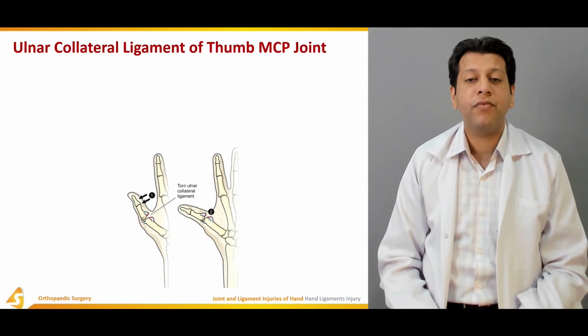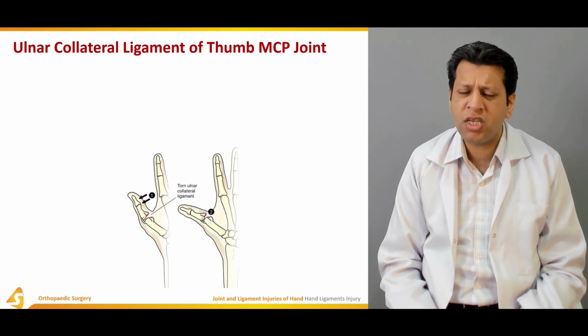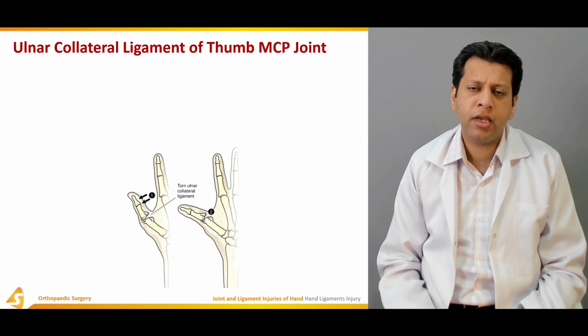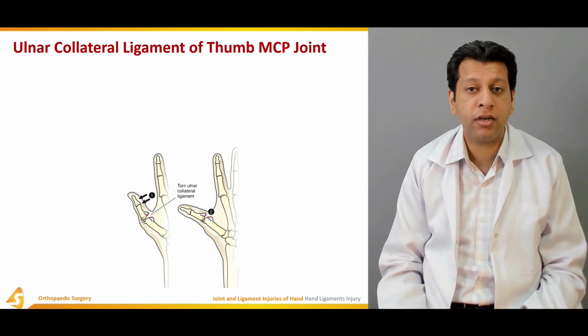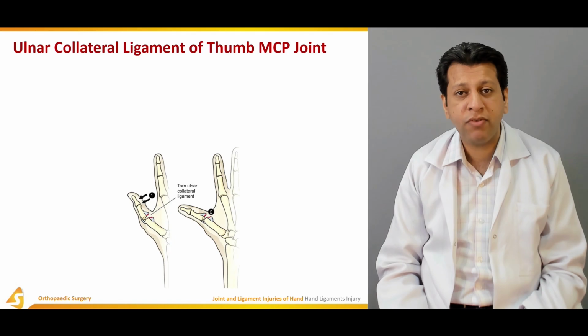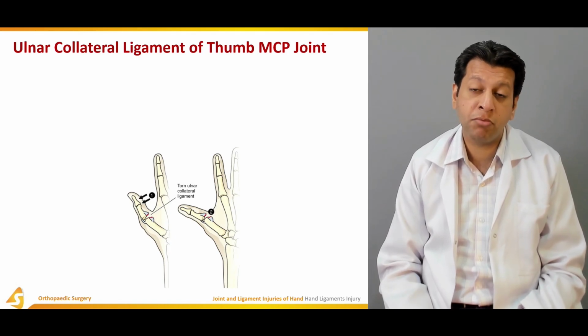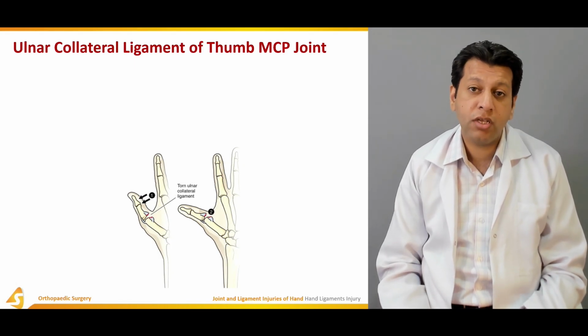Now coming to a very important topic called gamekeeper's thumb. Why is it called gamekeeper's thumb? Have you ever wondered? This term was coined by Campbell in 1955. Back in that time in Scotland, this kind of injury was very common with Scottish gamekeepers, especially those involved with rabbits.